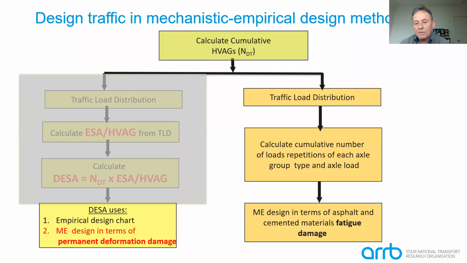In the case of fatigue, we look at the cumulative number of axle group loads of different axle group types, as we've just discussed. But in the case of deformation damage or rutting damage, we use a simplified approach based on equivalent standard axles. And we discussed that last week.